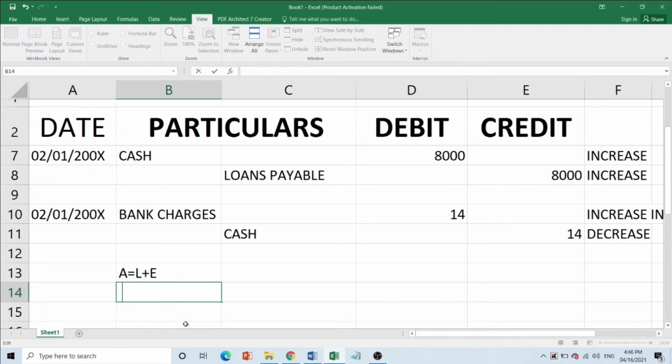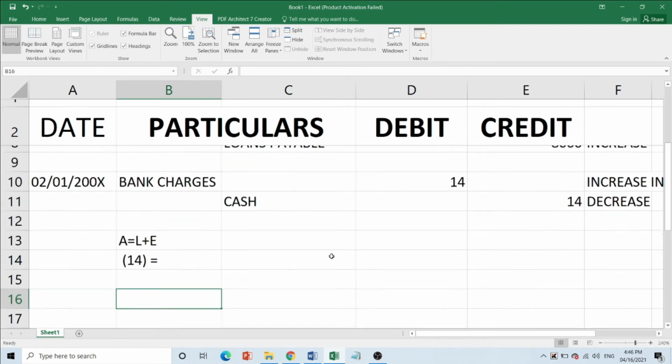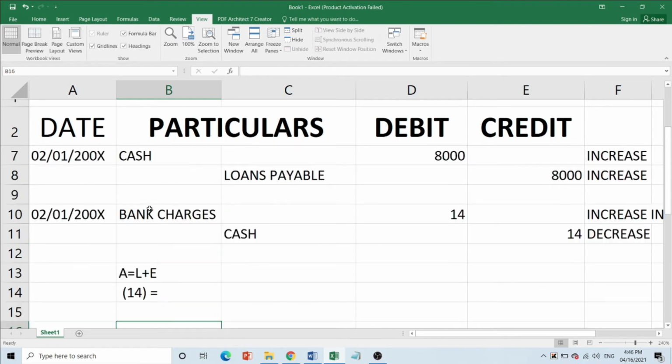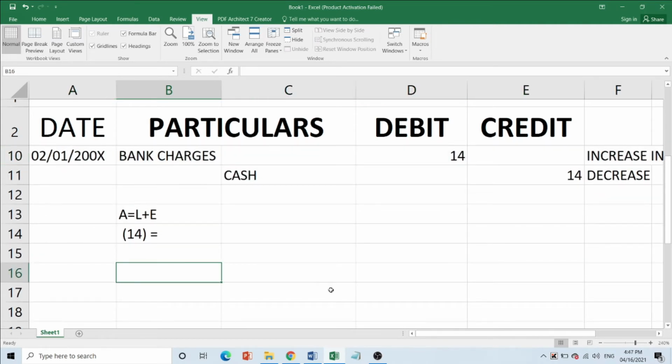Okay, ganito na lang. Ganito po. Ano po ang structure ng income statement? Kasi po, this is an income statement account. So, ano po yung structure ng income statement natin? Sales minus expenses.